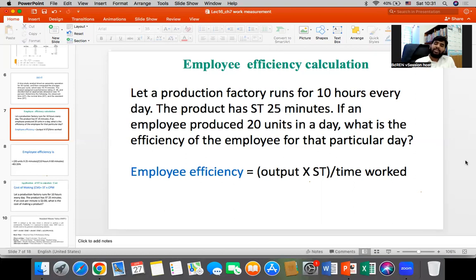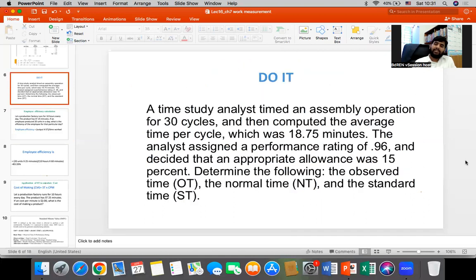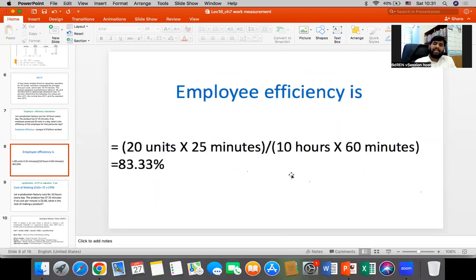If our numerator is in minutes, then you have to convert 10 hours into minutes: 10 hours multiplied by 60 minutes.